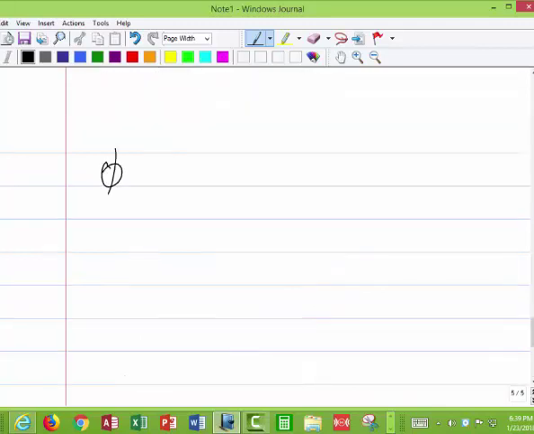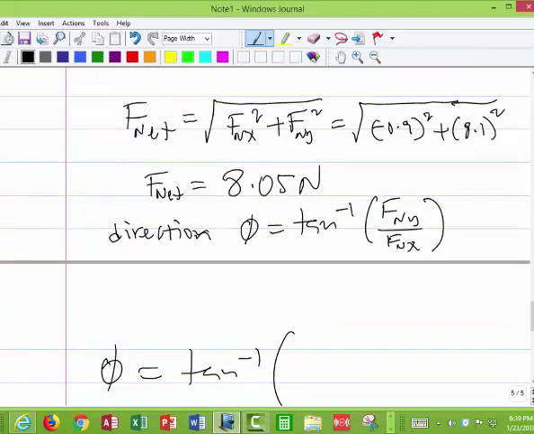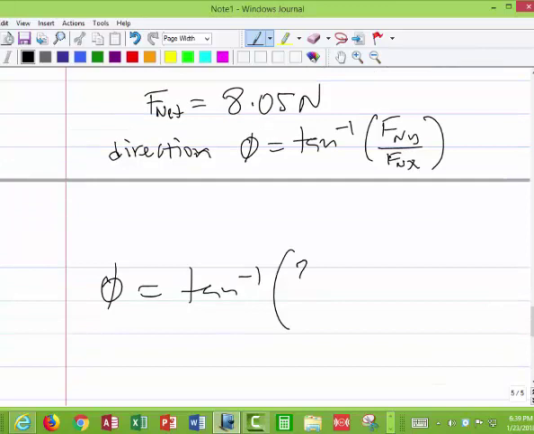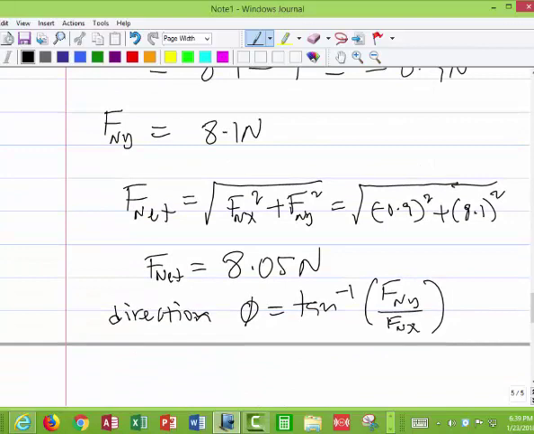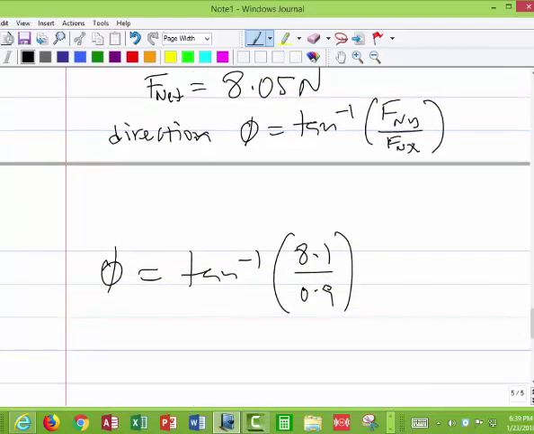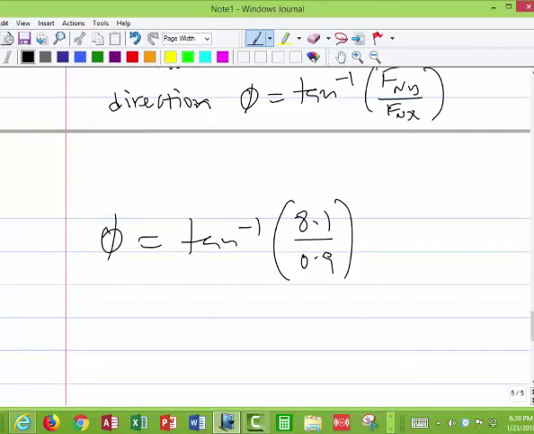So the direction is tangent inverse of y. What is the y? 8.1 over 0.9. What does that give us? 83.65. So the direction is 83.7 degrees. Is that what you're getting?